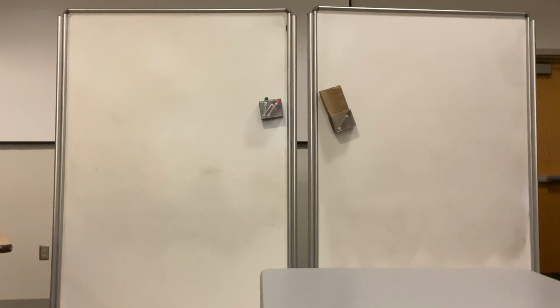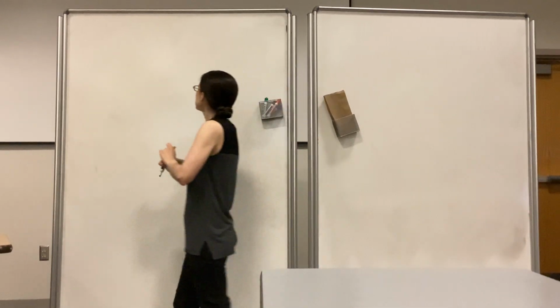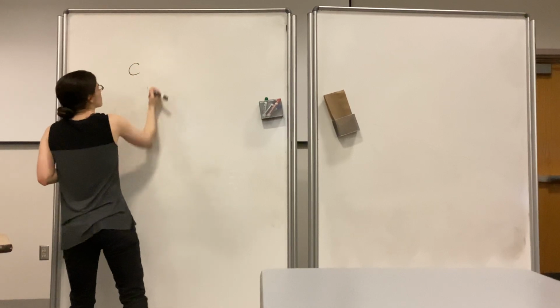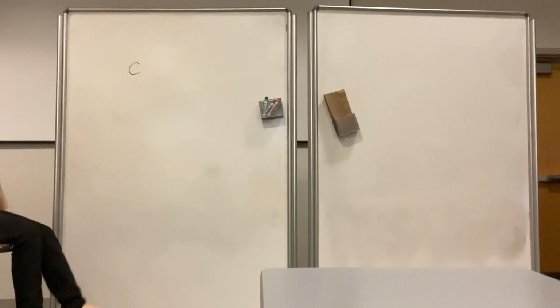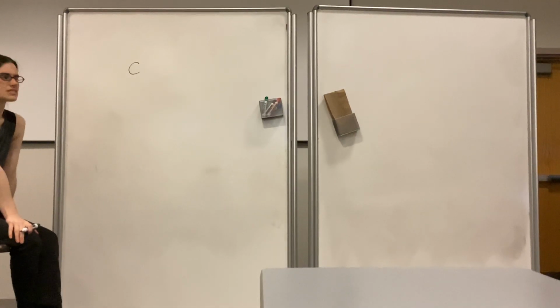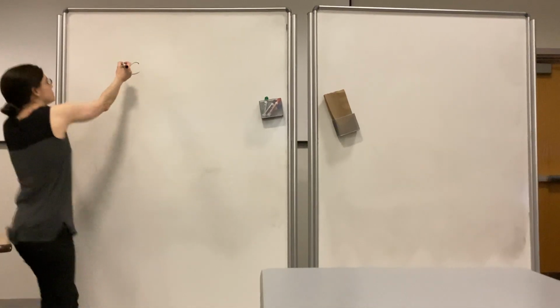So carbon, when we're talking about how many valence electrons an atom comes with, right? How many valence electrons does carbon start with? 4, right?